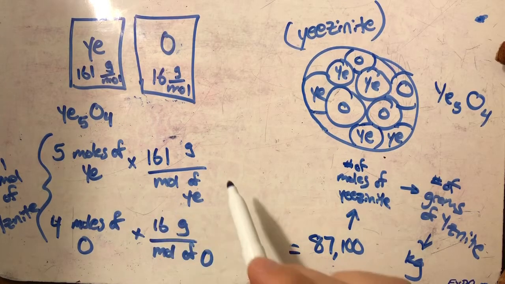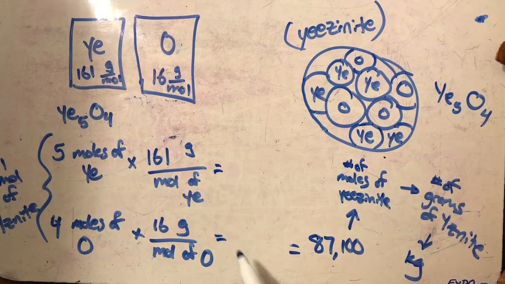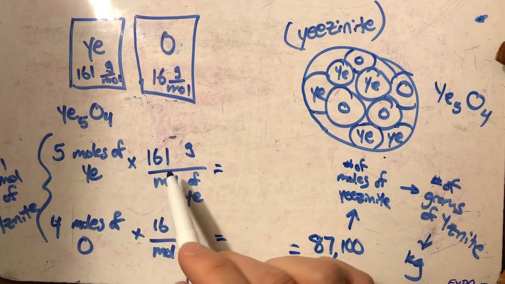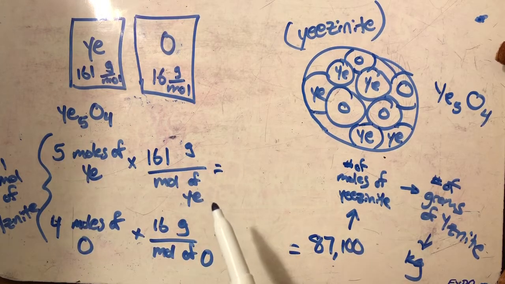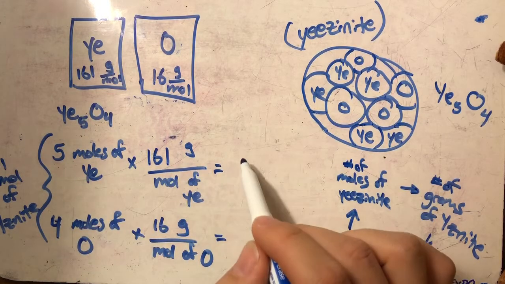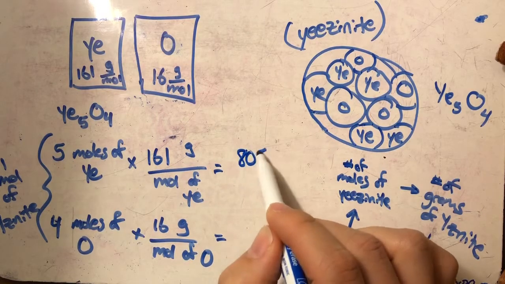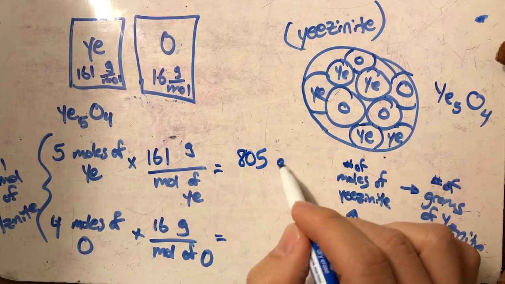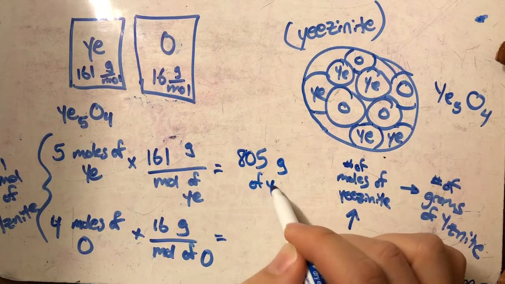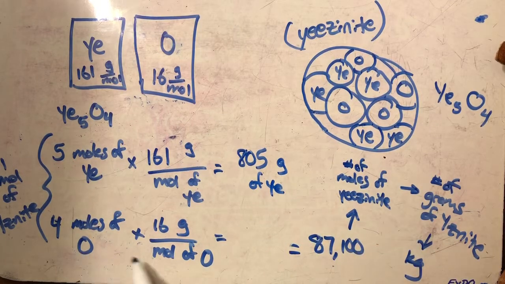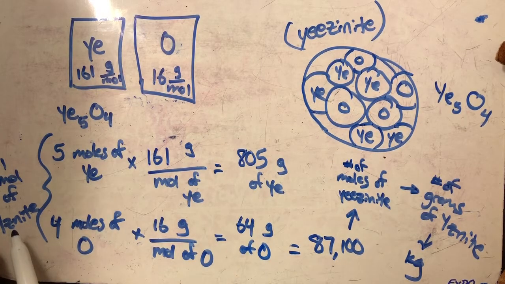So we can do the math right here. 5 times 161, that's 805 grams of Yeezium. And this is 64 grams of oxygen. And again, this is in 1 mole of Yeezinite.